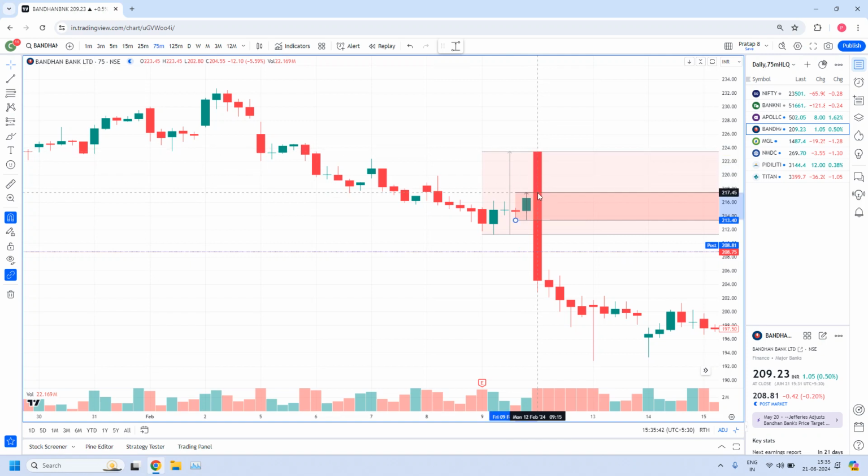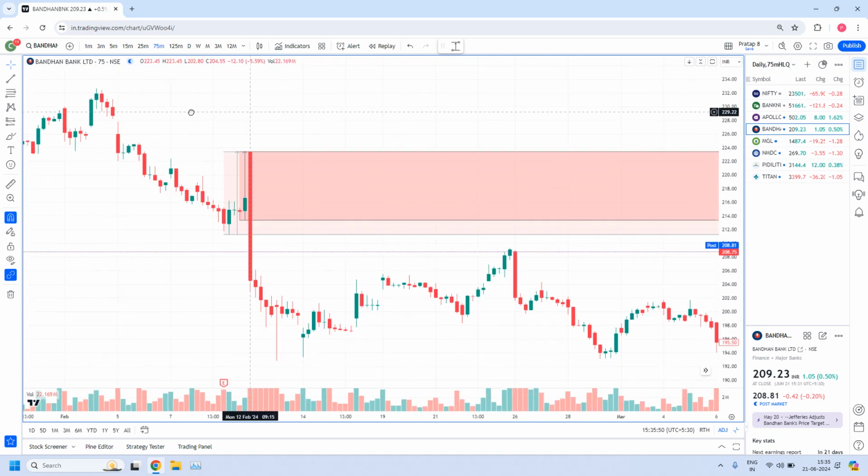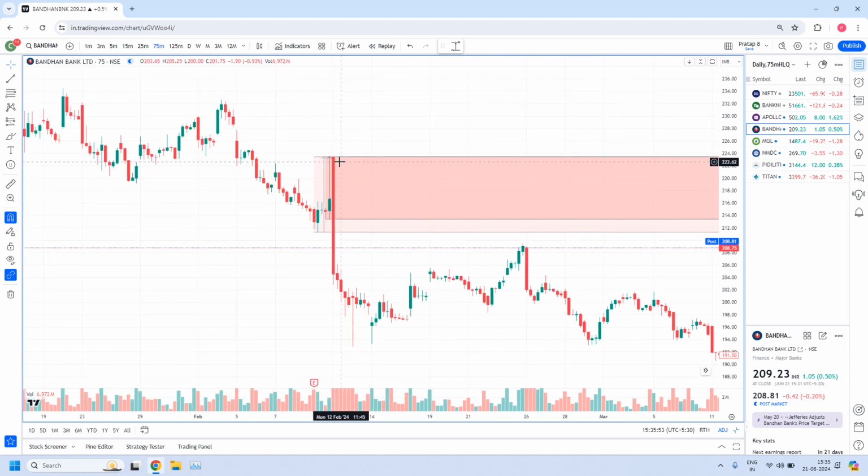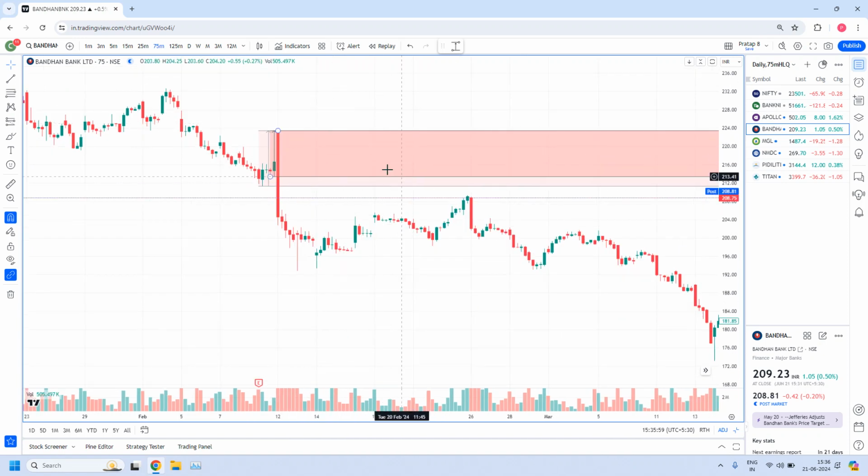Actually this base candle structure is not good. See here, this is another rally, 3 base candles and a drop candle. But actually the leg out structure is such that the risk is very, very high. But anyway, we get clarity once we move on to the lower time frames.